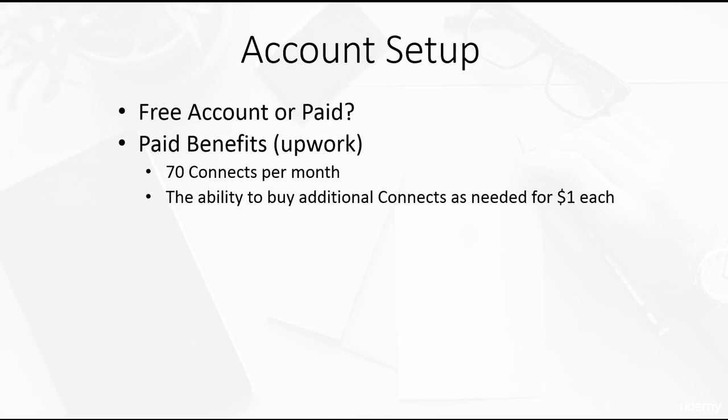So a client comes on, they post a project or a job, you want to submit a proposal, it's going to cost you a couple of connects. It depends. It can cost you even a little bit more than that, I think, if it's a higher paying job. The reason I'm sounding a little dismissive on that is I believe if you follow my processes, you're really not going to run into too many issues around how many connects you have left. But anyway, still, you get a bit more on the connect side.